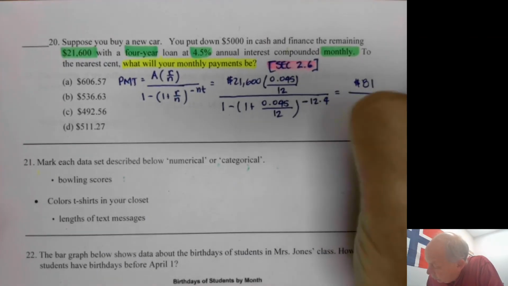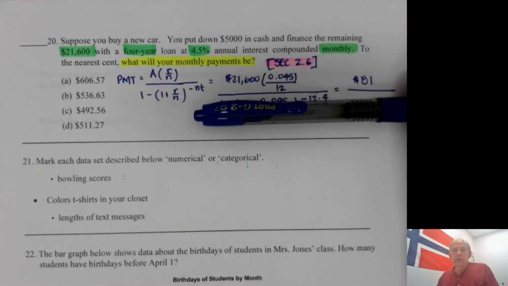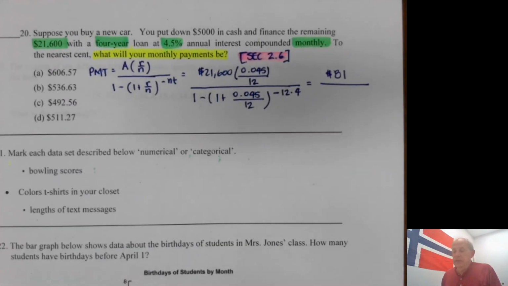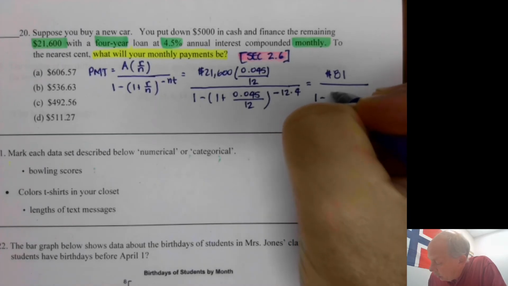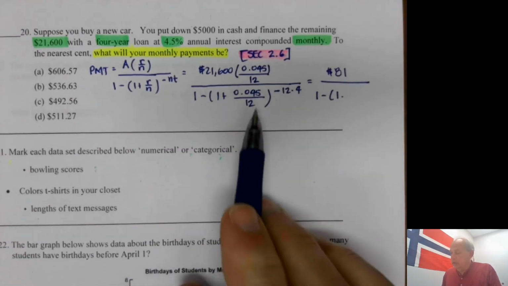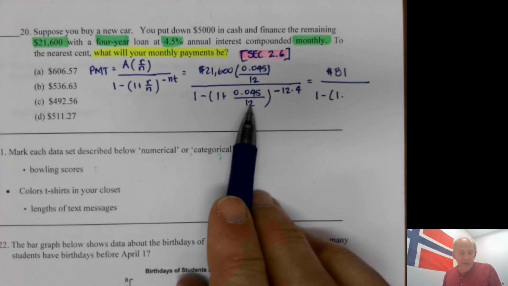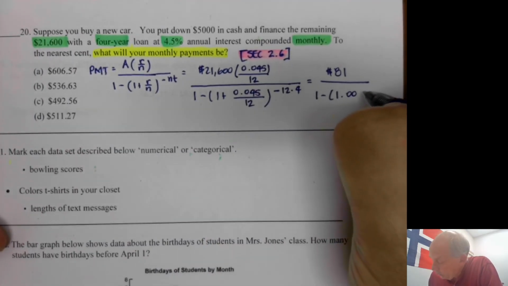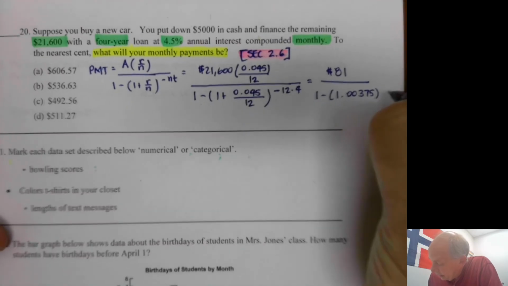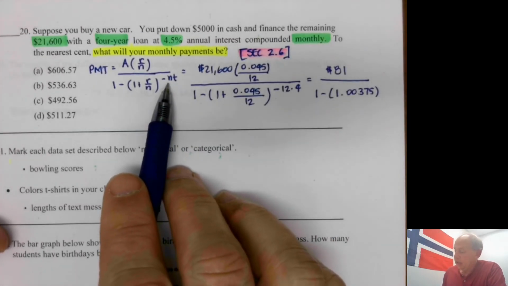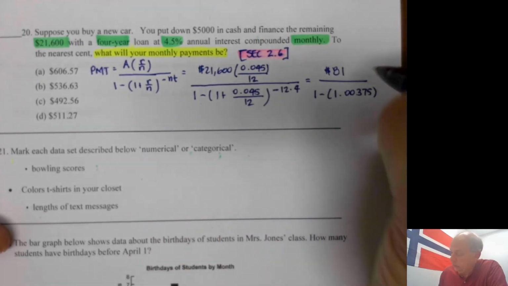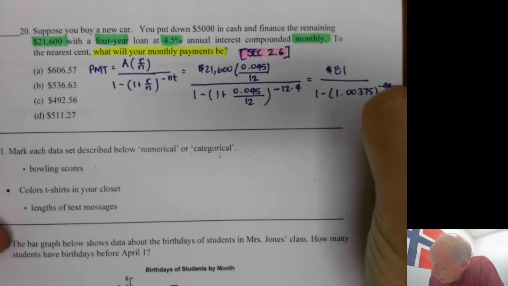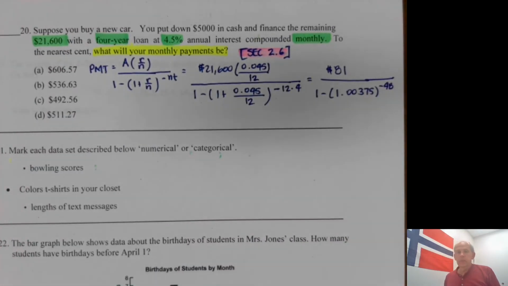So I have 81 upstairs. It's already starting to clean up. Now, downstairs, I have 1 minus 1.045 divided by 12, which is 0.00375. I'm going to say negative 12 times 4, which is negative 48.